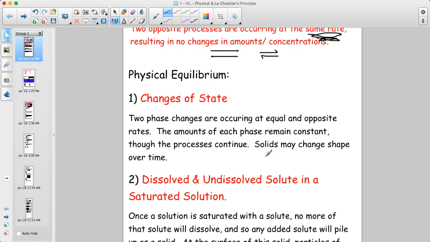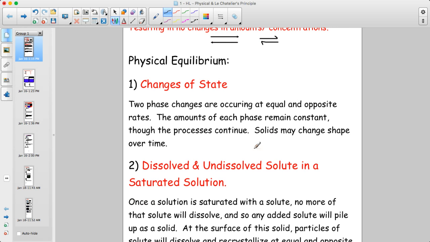There are a number of examples of physical equilibrium that are probably pretty simple to recognize and think about. With changes of state, you can have two states of matter in equilibrium with one another, where both phase changes are occurring. You can have evaporation and condensation, or freezing and melting.